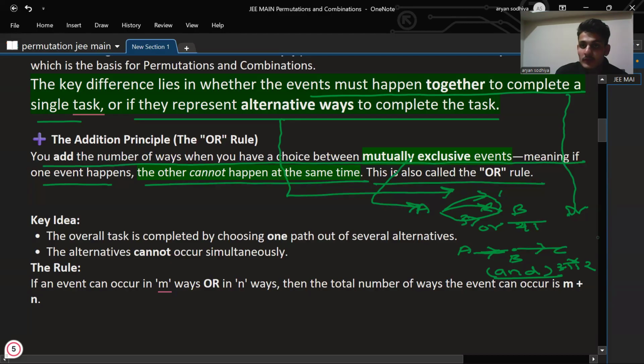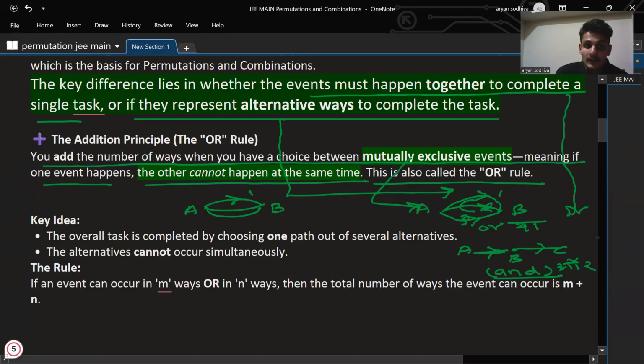If I'm going from three, I cannot go from the other two paths. If I'm going from this path, I cannot go from this or this path to complete my work, that is to go from A to B. I need to go from A to B. So I can go from the first path.